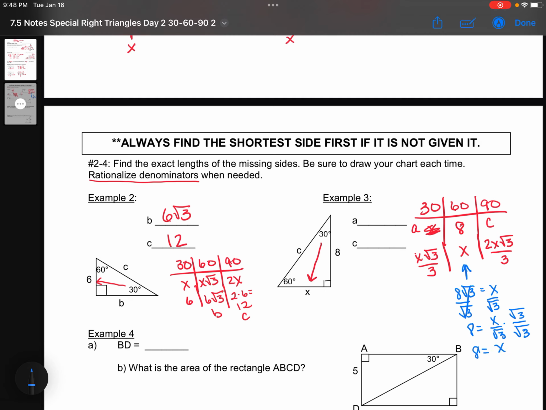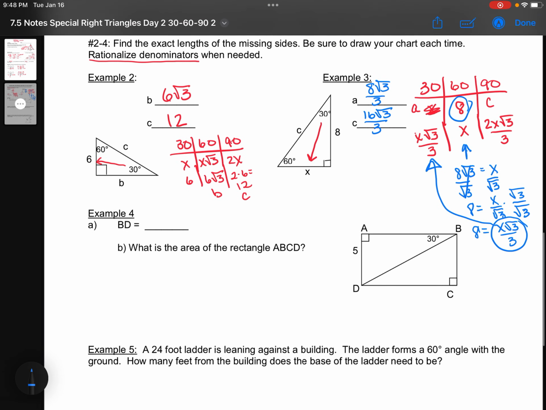And I would end up with 8 equals x square root 3 over 3. Which you don't really need to know how I got it, but there you go. All right, so if 8 is x, then a is 8 times the square root of 3 over 3, and c is 2 times x, which is 16 times the square root of 3 over 3. So it depends on which side you have and which one you're missing.